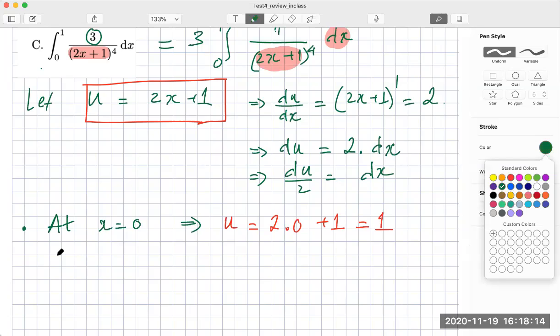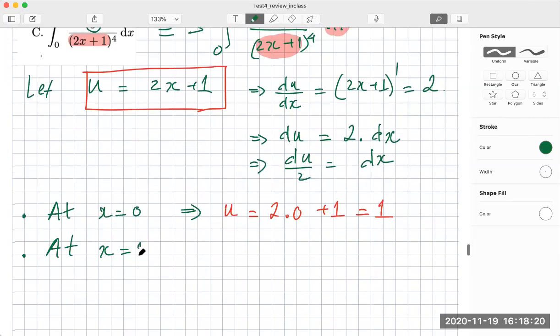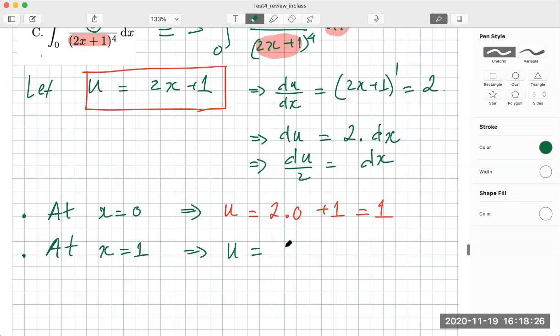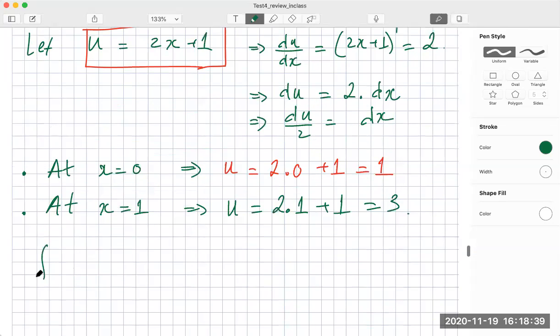Now the upper limit, at x is equal to 1, we need to do the same thing. u will be 2 times 1 plus 1, which gives us 3. Yes, very good. Now, let us rewrite our integral.